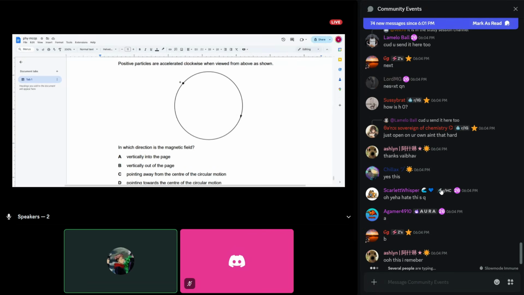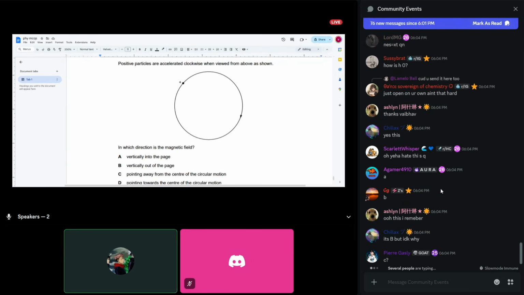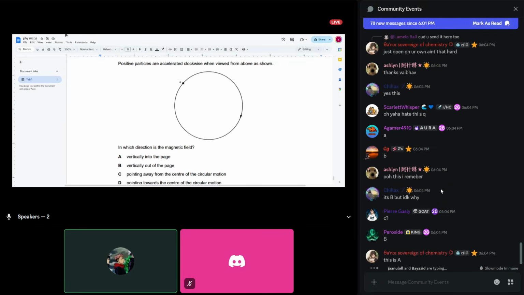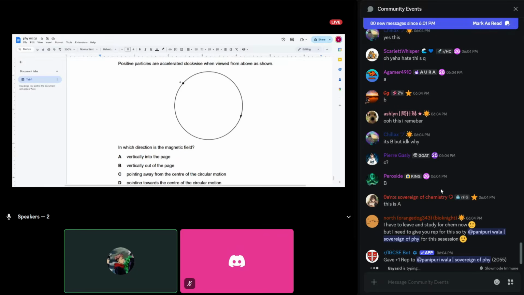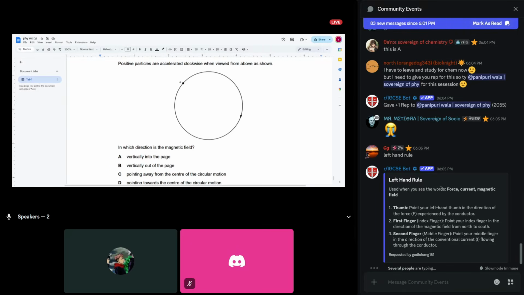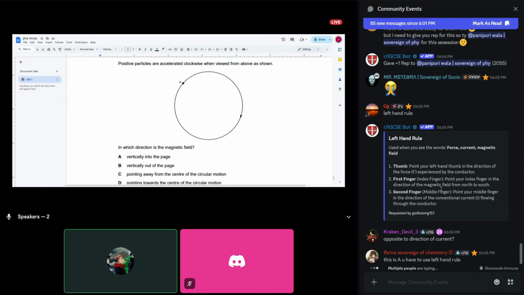No, it's not A. It is B. Correct. It's B. Look, the rule that we use here is left hand. This is not A. Everybody who says it is A, you are wrong. This is B. We are using the left hand rule.